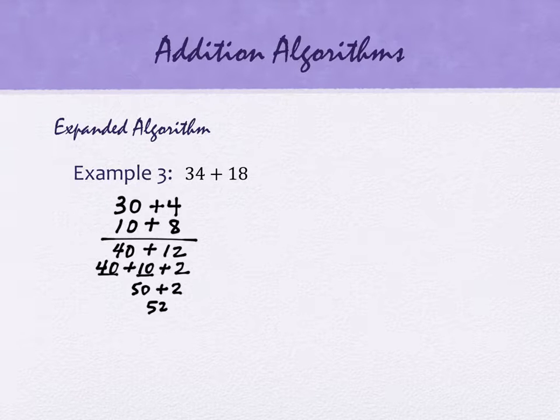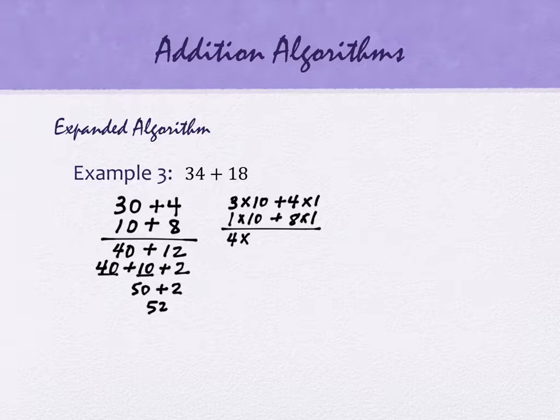Another variety of how to write expanded form is to recognize that I have 34 as 3 times 10 plus 4 times 1. So truly writing out like legit expanded form, like times the base that it's in. Okay? And I have 1 times 10 plus 8 times 1. Now I can still add the same way that I did before. The things that are times 10 can be added, so this is 4 times 10.